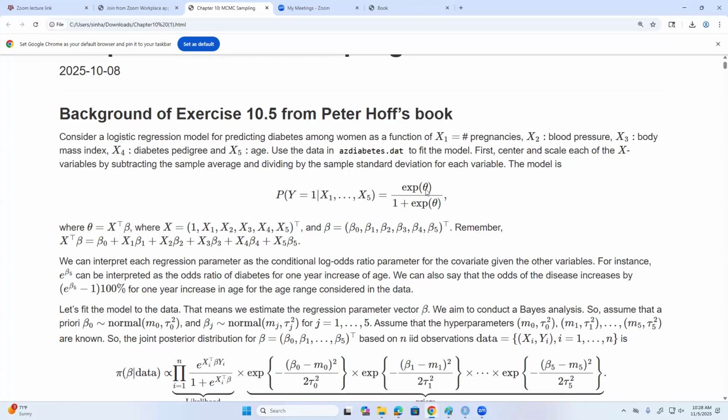So here theta is x transpose beta, and x has these components: one, the intercept term, then x2, x3, x4, x5, 5 components. In the linear model, you have seen we wrote y equal to x transpose beta plus noise.